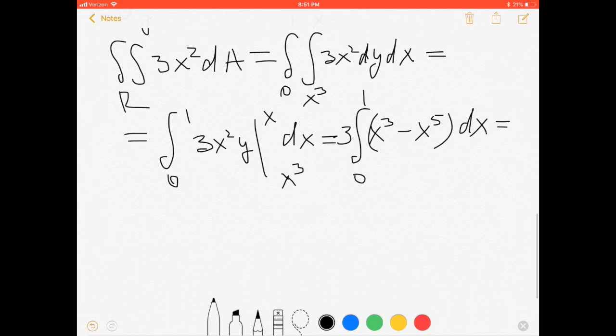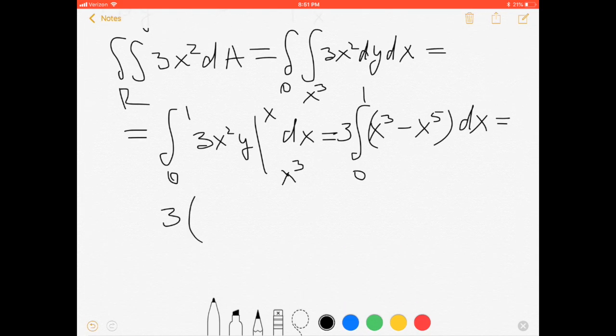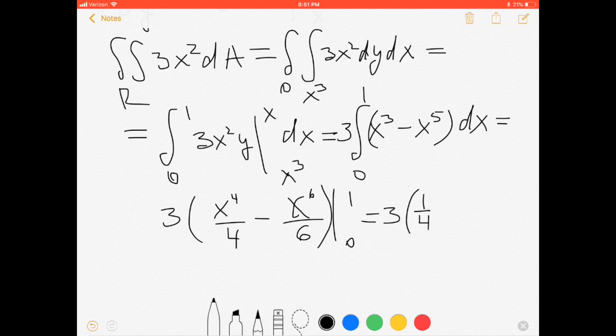It will be 3 times (x to the 4th over 4 minus x to the 6th over 6), evaluated from 0 to 1, so 1/4 minus 1/6. I think it will be 3 times (3 minus 2) over 12, which is 1/4. You can easily evaluate yourself. Okay.